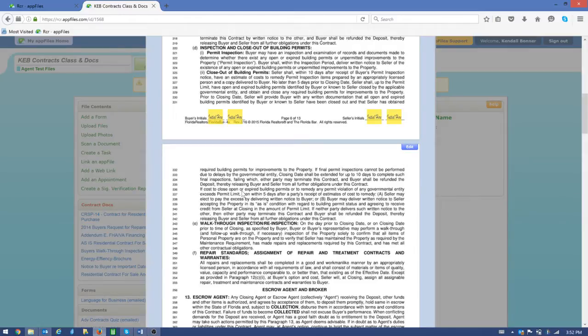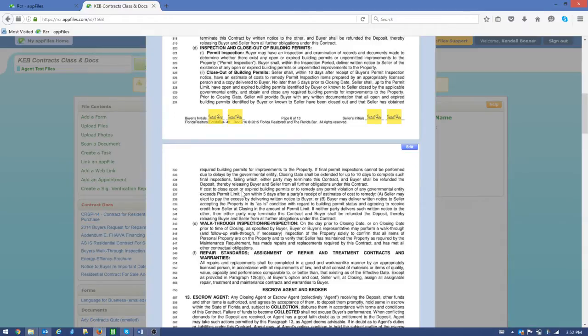So I always recommend never push any one contract on the customer, but understand your contract so you can share with them the pros and cons of each and how to strategically use them, and then let them pick which contract they want to use, because then you are not responsible at that point. You know what I'm saying? I hope you guys are starting to hear me and get what I'm trying to do to help make you a more powerful agent and a more powerful negotiator.